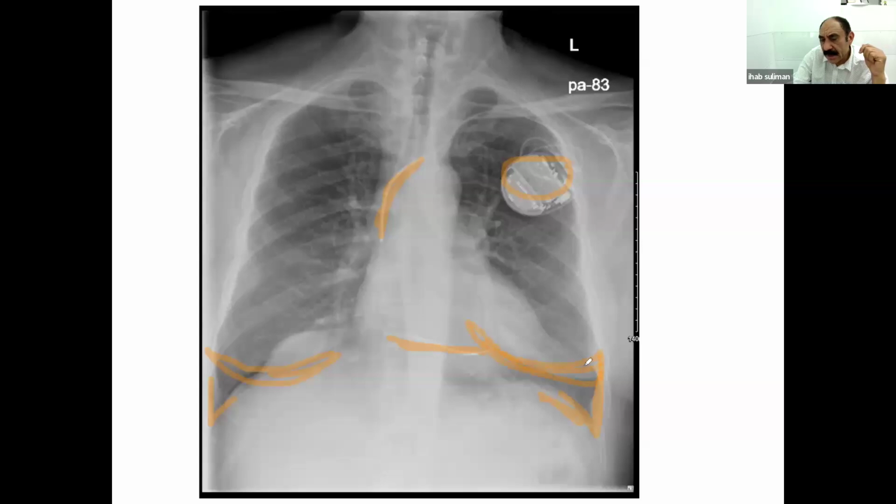I'm not sure whether he's taking spironolactone or other medications that can cause some gynecomastia. So this is a patient also again with anterior STEMI, and eventually he ended up with ischemic cardiomyopathy, ejection fraction less than 35%, and he received an AICD.